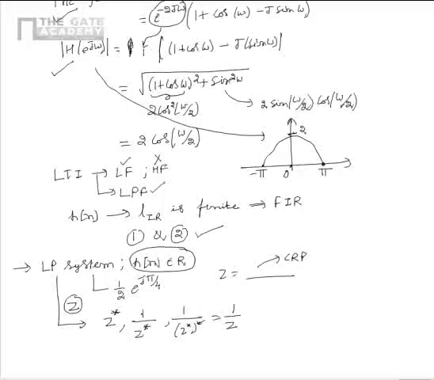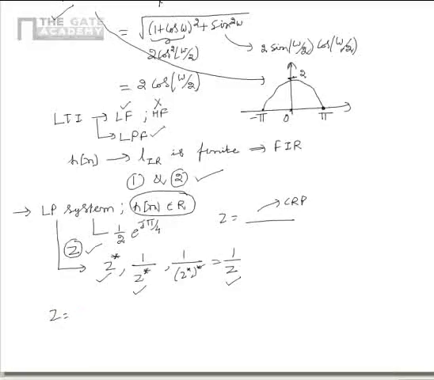So finally we can say that there are zeros located at z, z star, 1 by z star and 1 by z. So from this we can say that the location of the zeros is 1 by 2 e power minus j pi by 4, which is z star, and 1 by 1 by 2 e power minus j pi by 4. This is equal to 2 e power j pi by 4.